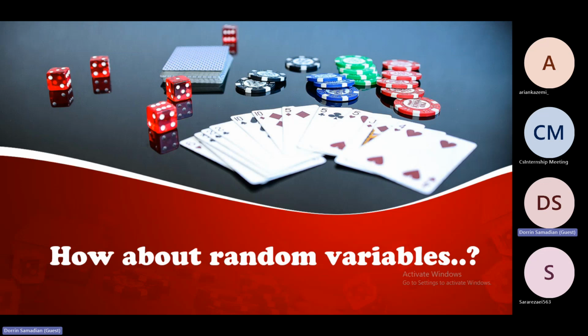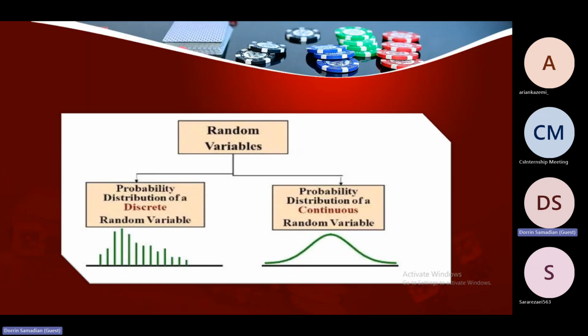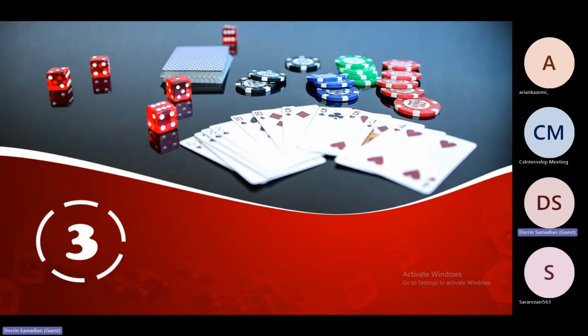But the point is how we could implement these distributions on random variables. It is actually the hottest part of machine learning. Here we could gradually work with the discrete and continuous distributions in each diagram we want. Now let's get more familiar with the usage of these distributions on the next slides.